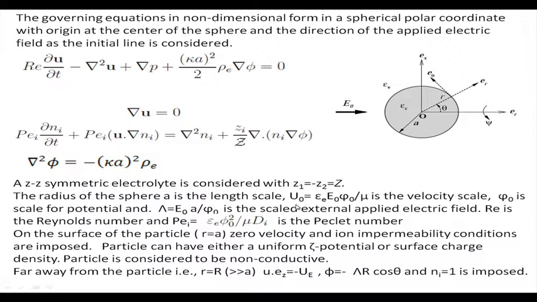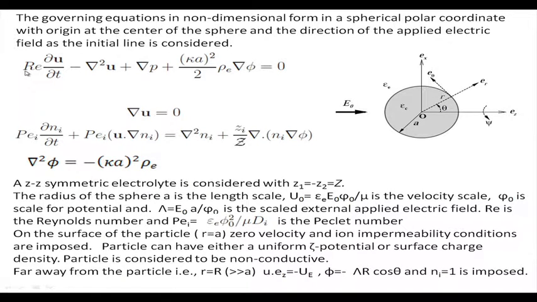Now, here for the scaling, we can take the velocity scale given by this one. This is the well known Smoluchowski velocity. Phi 0 is the thermal potential RT by F, and the electric field is scaled in this manner, capital lambda. There are 2 parameters appearing.